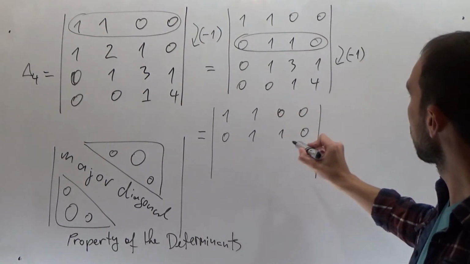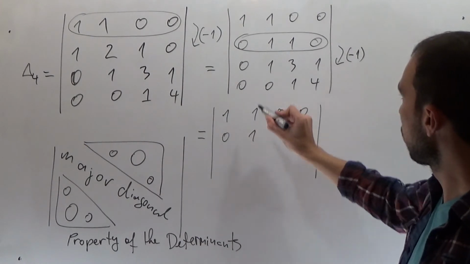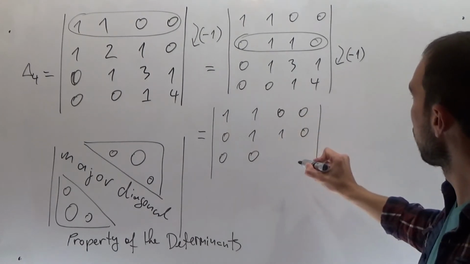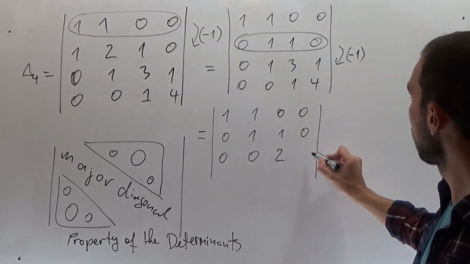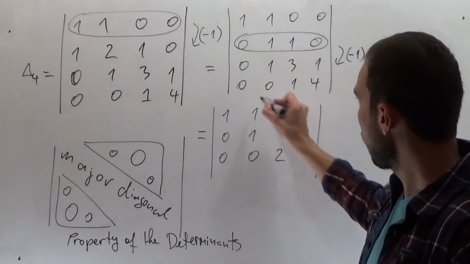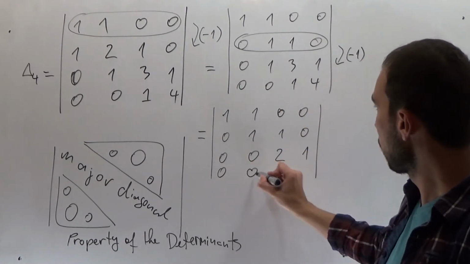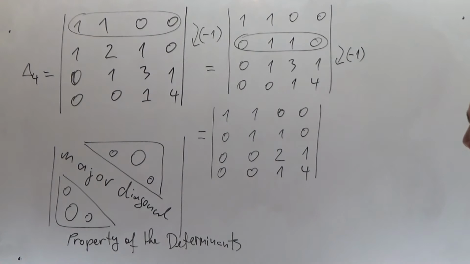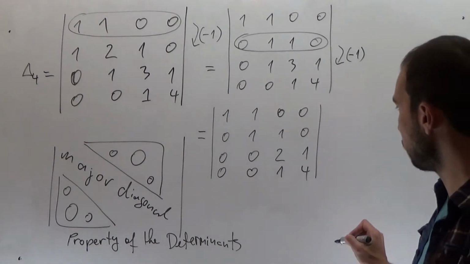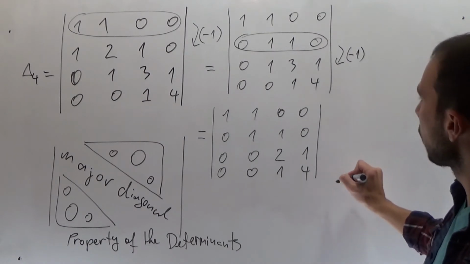We will have the following elements here on the third row: 0, 0, 2, 1. Okay, and fourth row is unchanged.